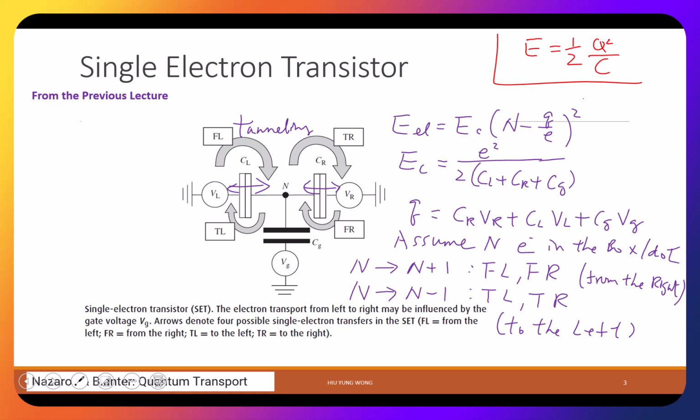And last time I said in E274, if you have taken it, when we talk about the superconducting qubit, we also have this Q when we have the source. Again, it's just a definition.